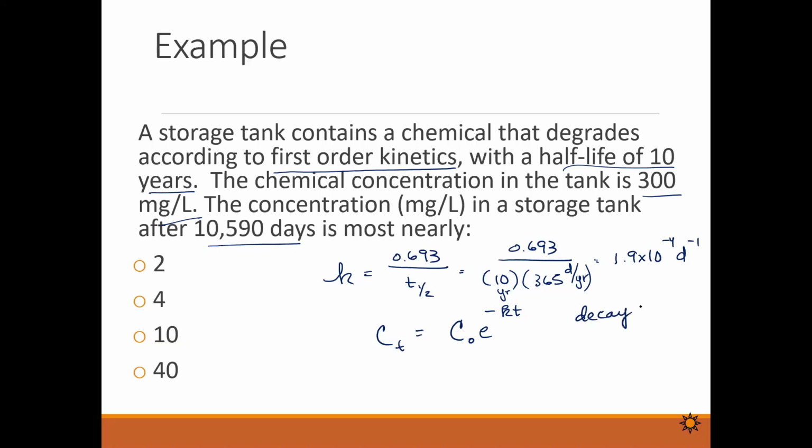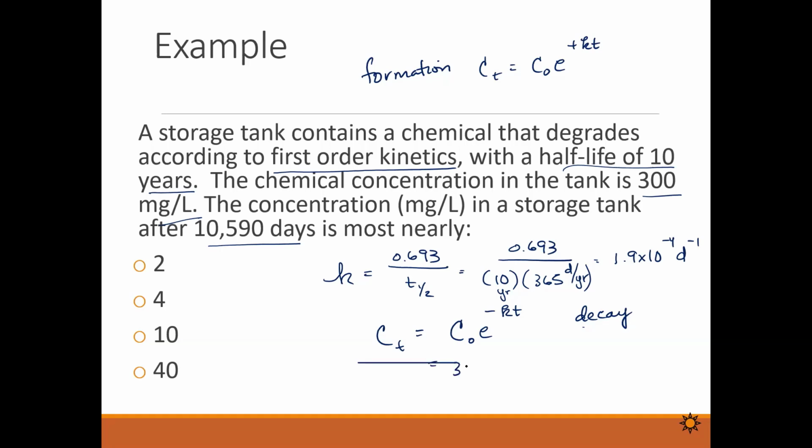If we had formation of a chemical, then you want to write this as C_t equal to C naught e to the positive kt, because we have concentration increasing.